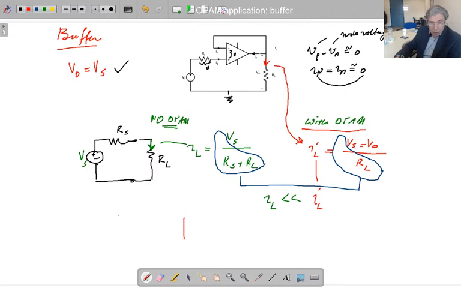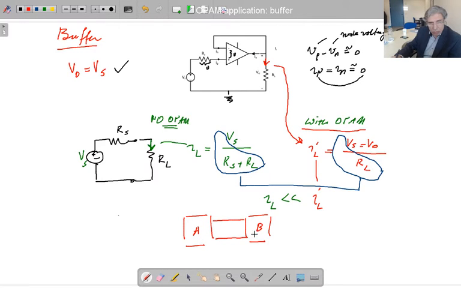Let me draw a circuit A and circuit B here, connected in cascade, we call it. Cascade connection means the output of this circuit is the input of B. If it is so, then it is called cascade connected.